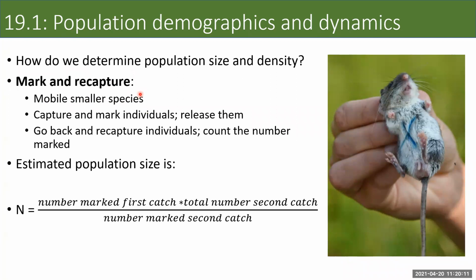So if you put a collar on a lion or a tiger, and then you continue to search for tigers, you can get the number of how many tigers you collared versus how many times you see those collared tigers again, and you see tigers that are not collared, and you can get an estimate of population size that way.